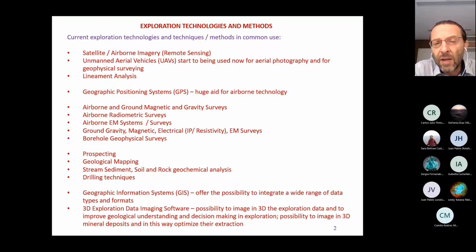But again, it has its own limitations. So to reach certain depths, we need to use geophysics. And for geophysics, you see this group as airborne geophysics. It is cheaper than ground geophysics. What's used a lot today are the EM systems, electromagnetic.